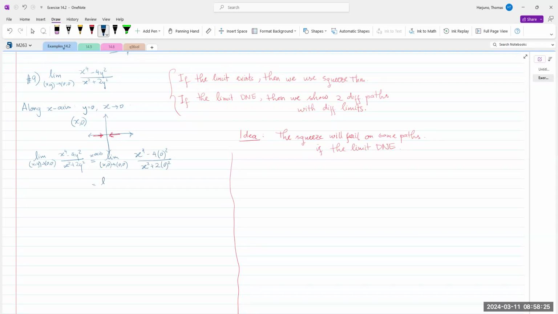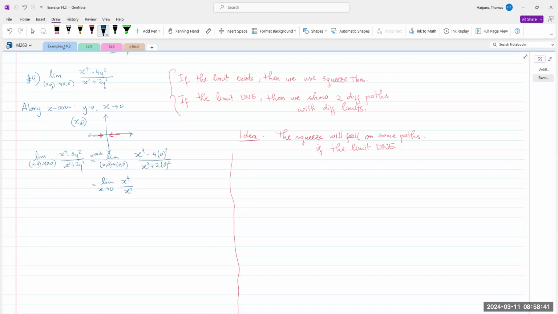That is the limit as x goes to 0 of x to the 4th over x squared. Yes, x to the 4th divided by x squared is x squared, and it equals 0 when you replace x by 0.